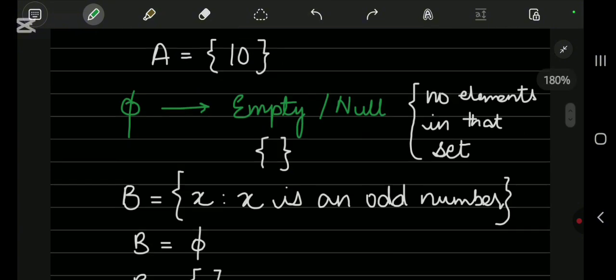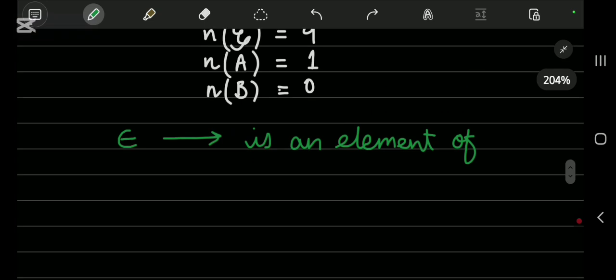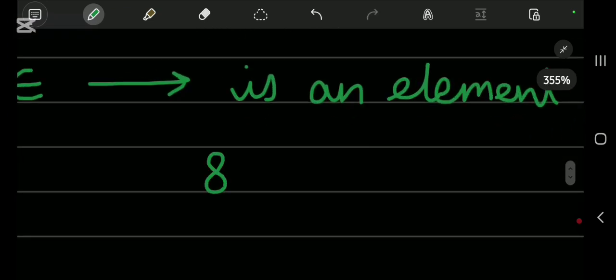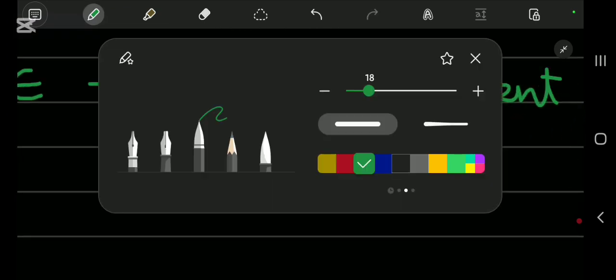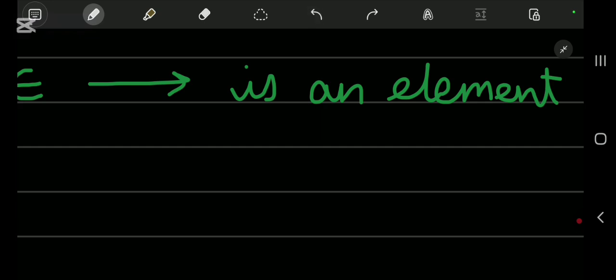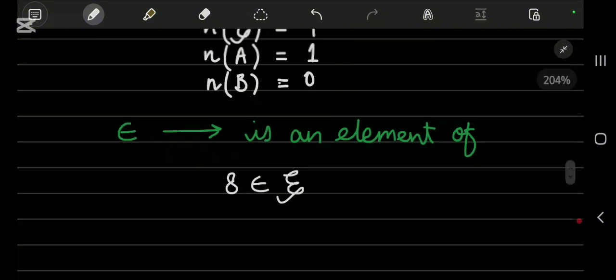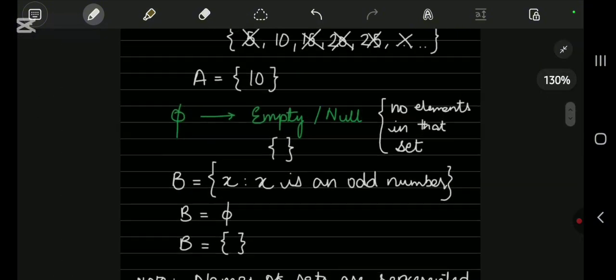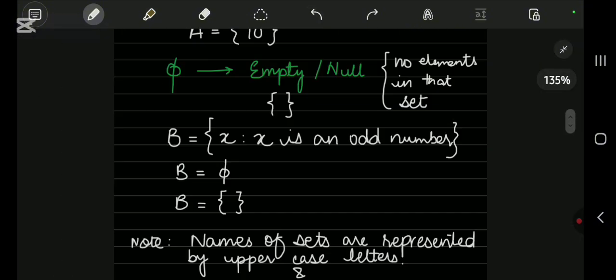So we will be writing that 8 is an element of universal set.